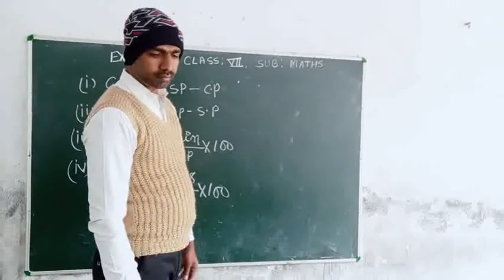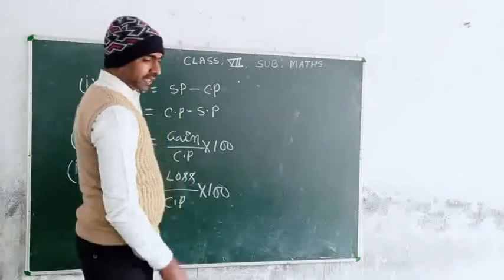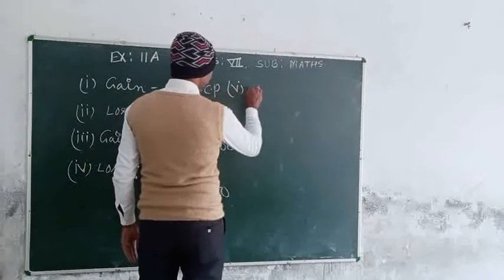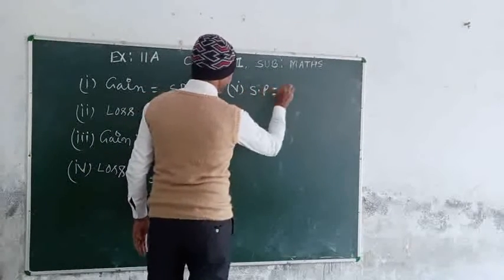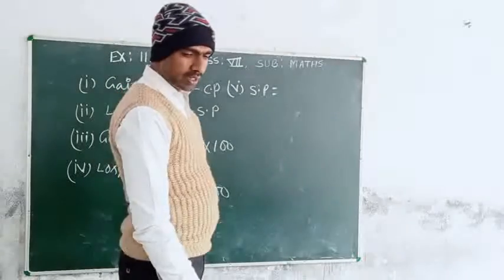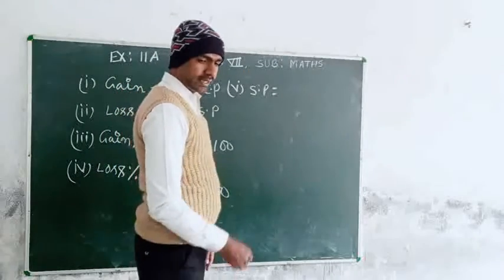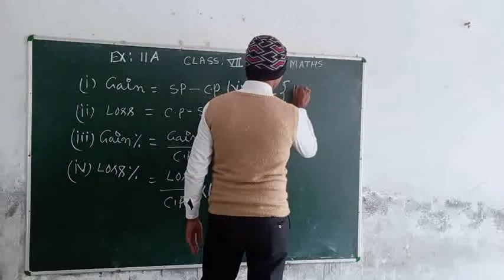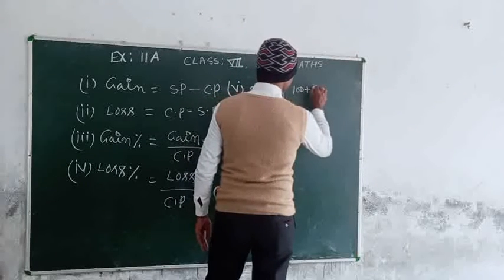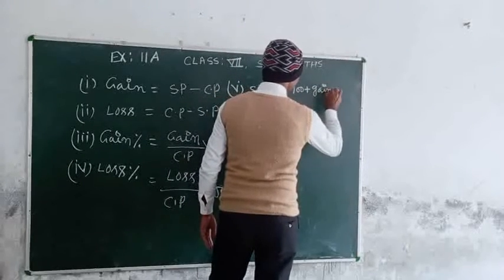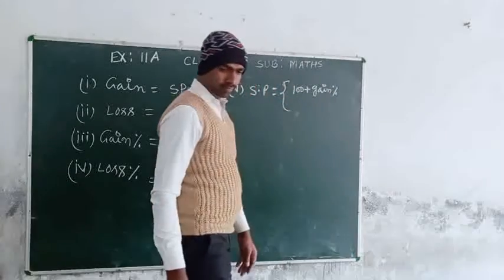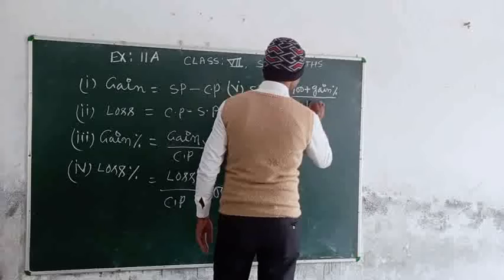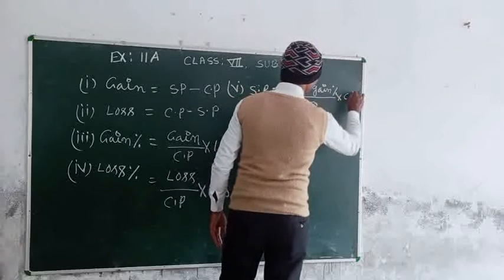Then how do we find SP? SP equals 100 plus gain percent upon 100 into CP.